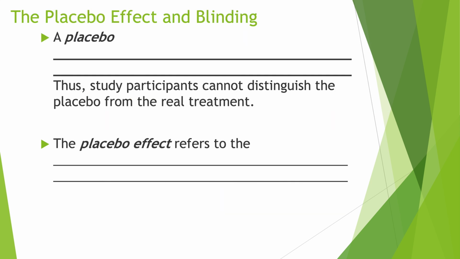Okay? The placebo effect and blinding. Now, what's really important is that when you do these studies, you don't want to know who's who in it, because if you are the person recording the results of this, it can affect what's going on. Let's say you're going out for a sport team, okay?